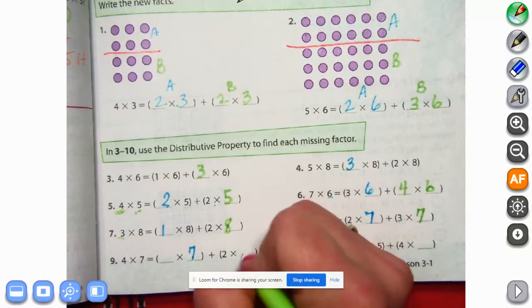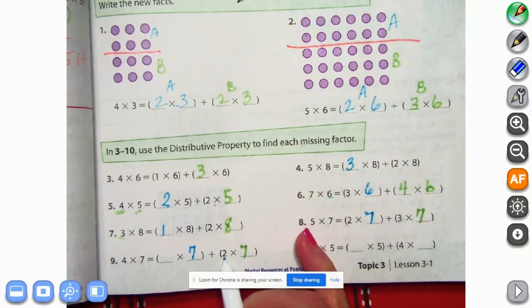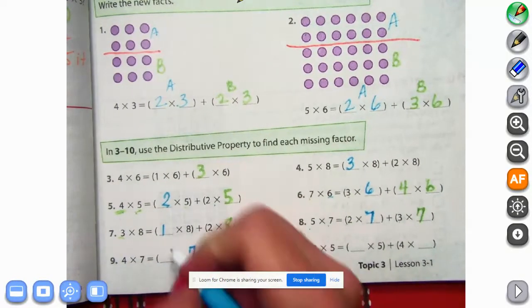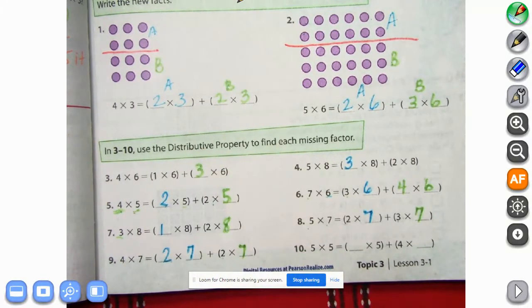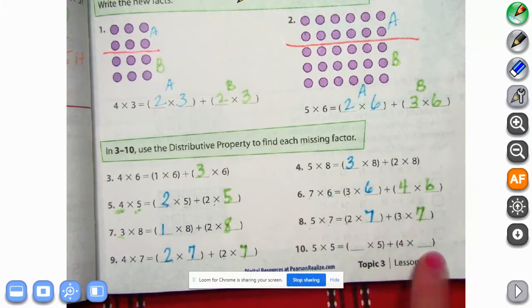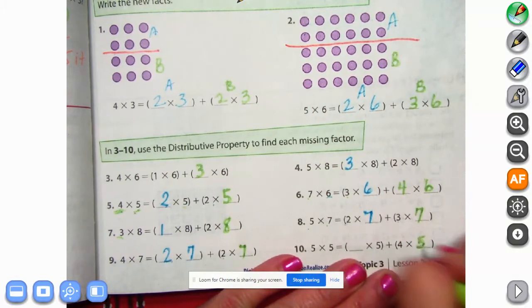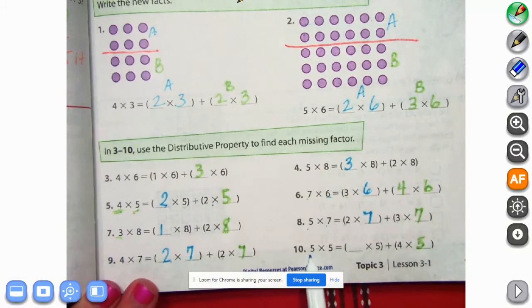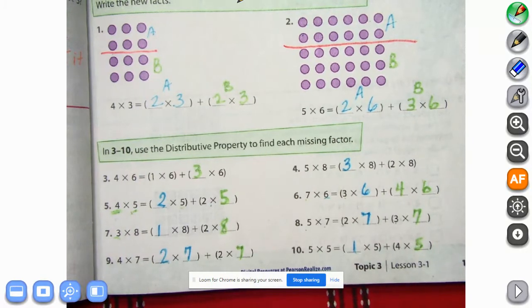And we know this is 7 here. And we know that 2 plus what makes 4? 2 plus 2 makes 4. And number 10, 5 times 5 is equal to blank times 5 plus 4 times 5. 4 plus what makes 5? 4 plus 1. All right. If you need to pause this to make sure you've checked all of your answers, go ahead and push pause right now, please.